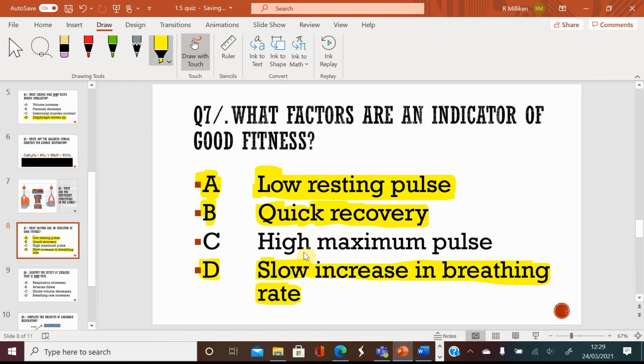Your heart has to pump quicker in order to meet the needs. So somebody who's very unfit might get a maximum pulse rate of like 170 beats per minute, whereas somebody who's very fit might only go up to 110 or 120. So C is about the only one here that's not an indicator of fitness. A lower maximum pulse would be the answer.